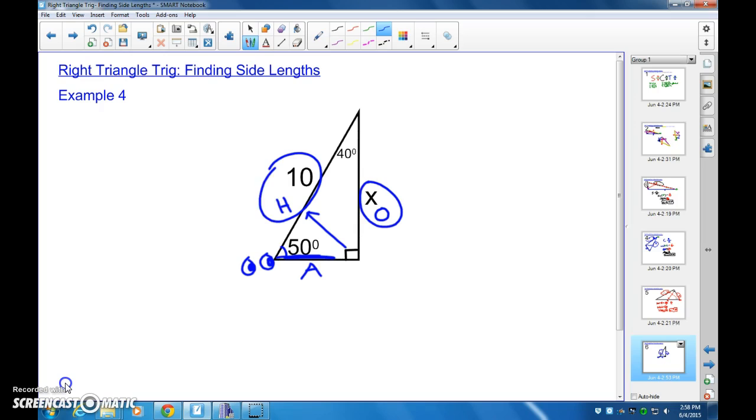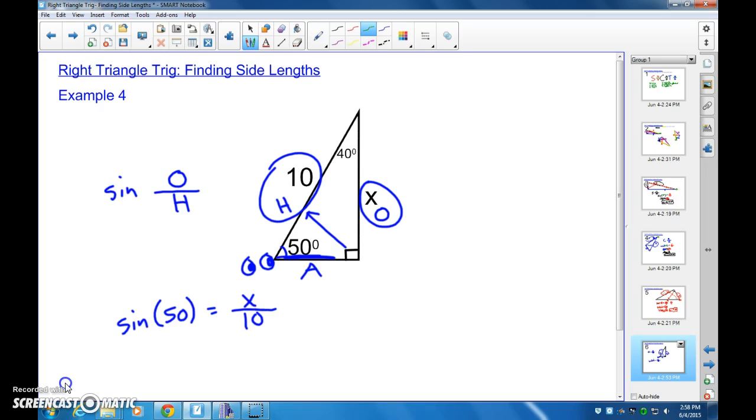So if I have the hypotenuse and I want the opposite, I'm going to use sine. So I can do sine of 50 degrees, because that's the angle I'm at, equals opposite over hypotenuse. And then I would solve.